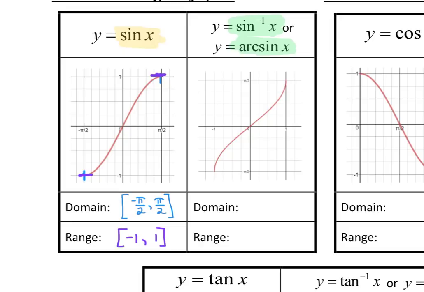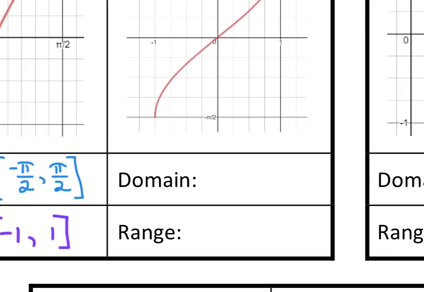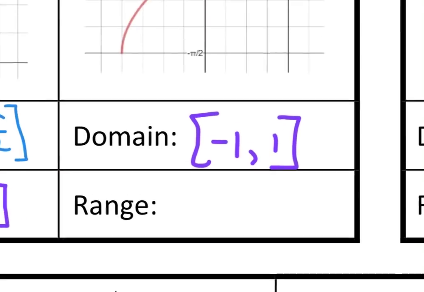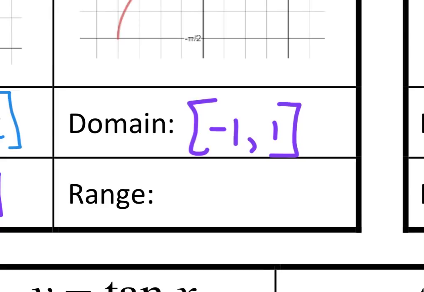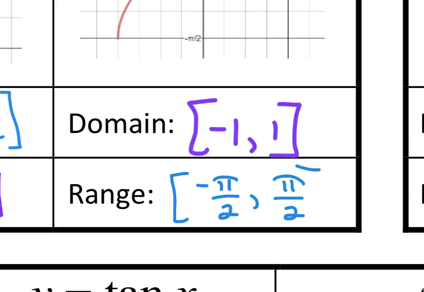An inverse switches the x and the y, or the domain and range, or the input and the output. And so your domain of the inverse function will be negative 1 to positive 1 inclusive, and the range of the inverse sine will be negative 90 to positive 90, and again, that is inclusive.